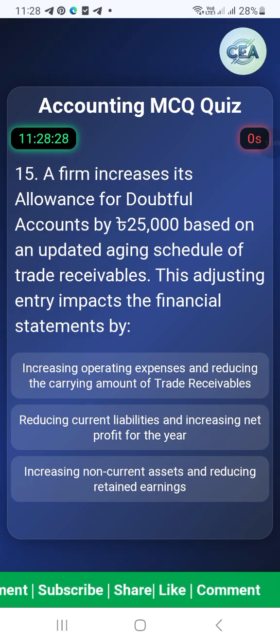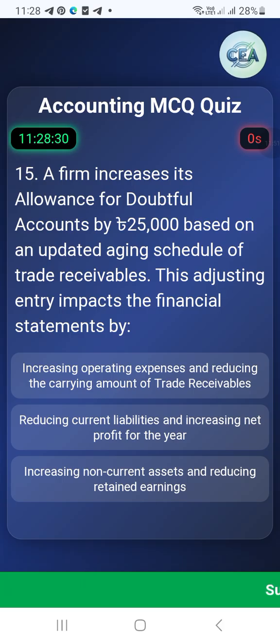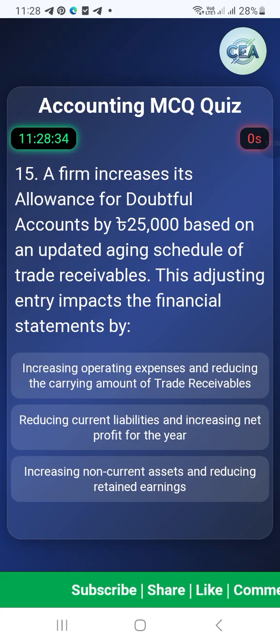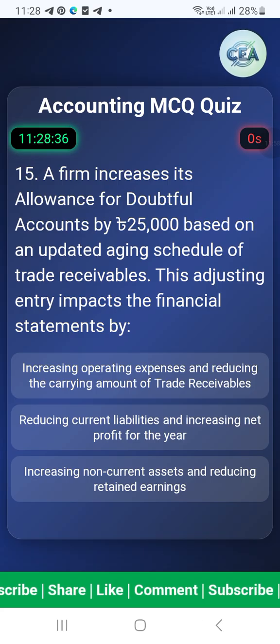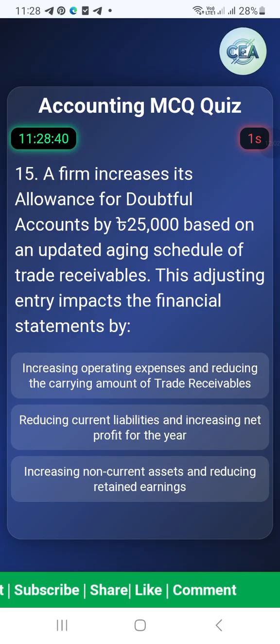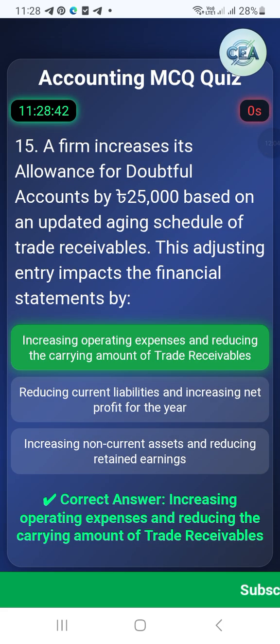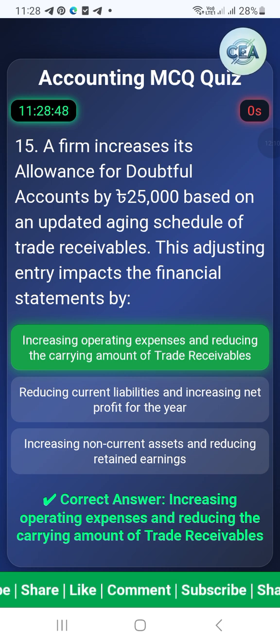Reducing current liabilities and increasing net profit for the year. Option 3. Increasing non-current assets and reducing retained earnings. Correct answer is increasing operating expenses and reducing the carrying amount of trade receivables.